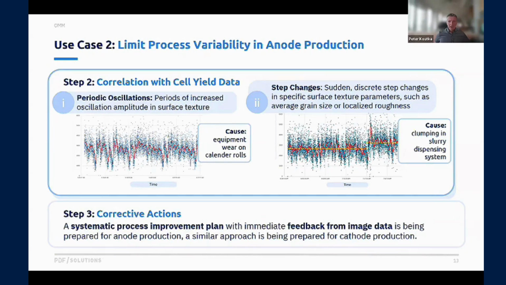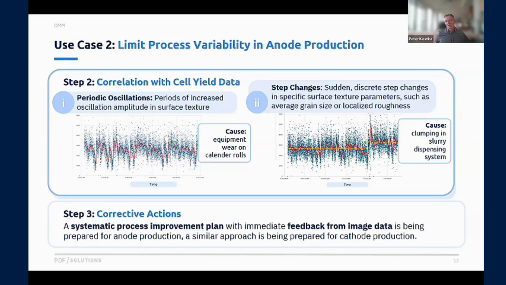And where we are right now is we're building basically a process where with the customer, we try and identify, okay, what are some potential root causes?